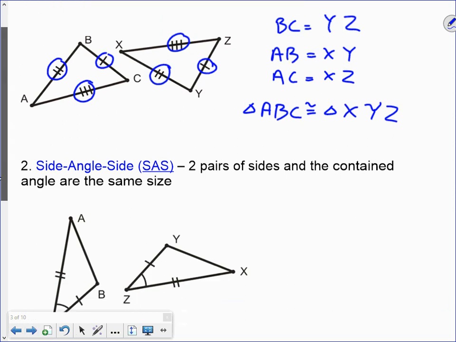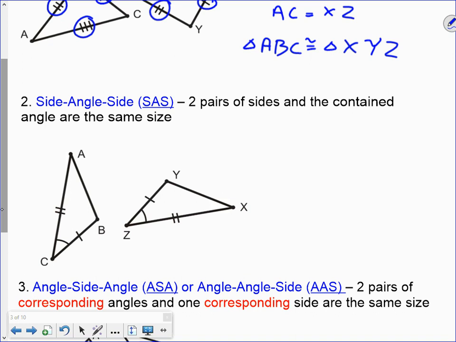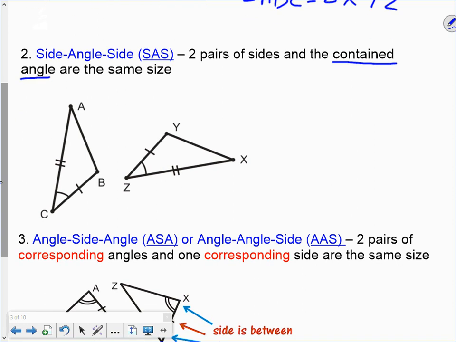The next method is what is called side angle side. So if we know that two pairs of sides are the same and the contained angle, so the angle that is in between those two sides, is the same, then we know that the triangles are congruent. So in these two triangles here, we have that side CB is equal to side YZ.